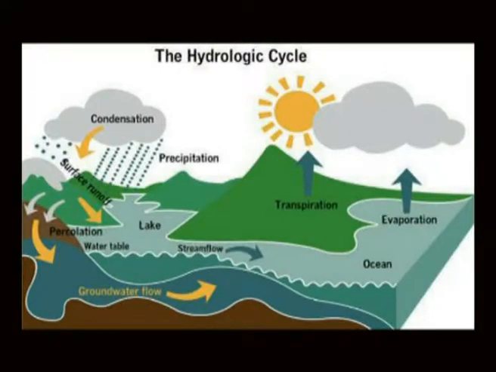Namaskar. The topic of discussion in this module is on fluvial landforms. The hydrological cycle is an everlasting process on earth. In this process, rainfall is the basic input coming into the surface.